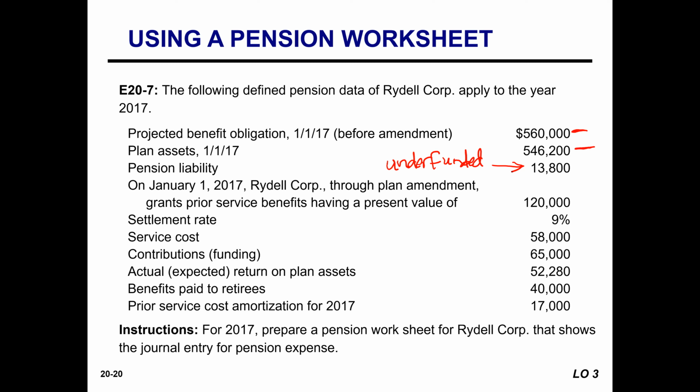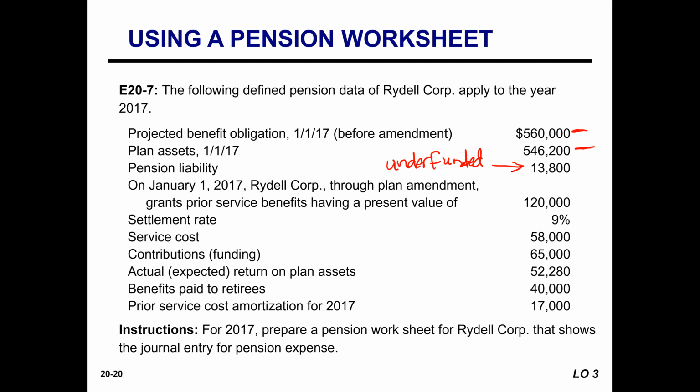That's the liability. That's what we are underfunded by, okay? And then it says on January 1, 2017, Rydell Corp. through plan amendment grants prior service benefits having a present value of 120,000. Settlement rate is 9%. Service costs 58,000.